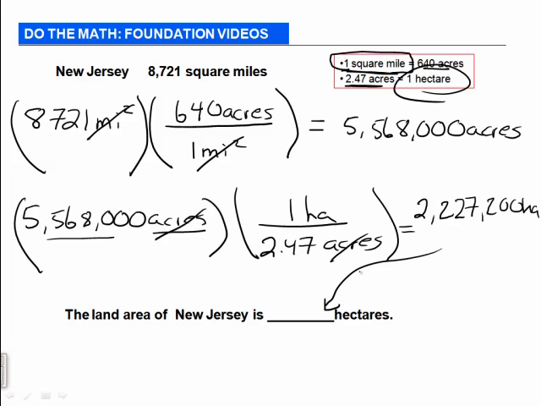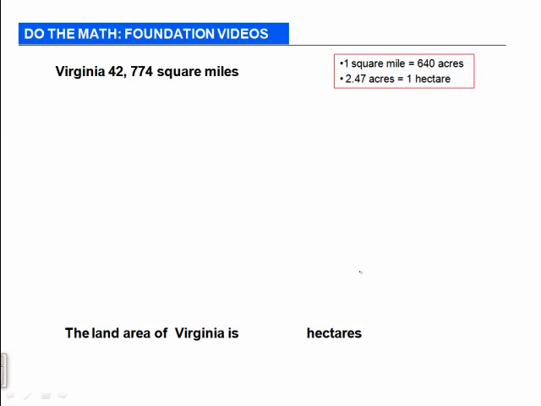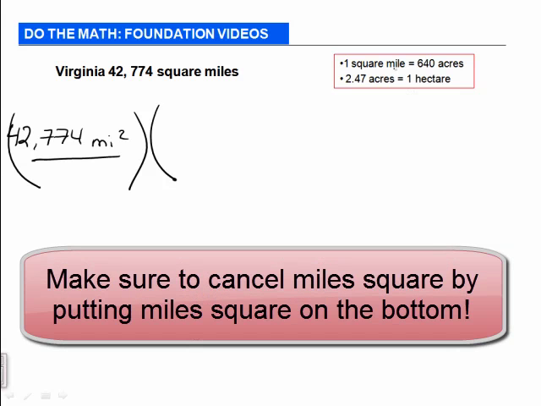Once we do New Jersey, we're going to do Virginia. For Virginia, you've got 42,774 square miles. Notice MI squared. Now I'm going to put my miles squared in the bottom. Again, this is that 1 square mile, so 1 MI squared.